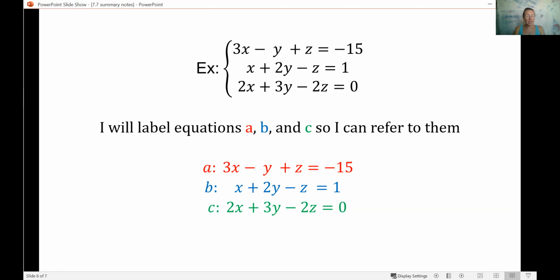I like to call them A, B, and C just so I can tell you what I'm doing by saying I'm going to do this to equation A, or this to equation B. I do suggest that when you're doing your work, you label them A, B, and C, and keep track of what you are doing by saying I'm doing this to A, this to B, this to C, okay? So let's get started.